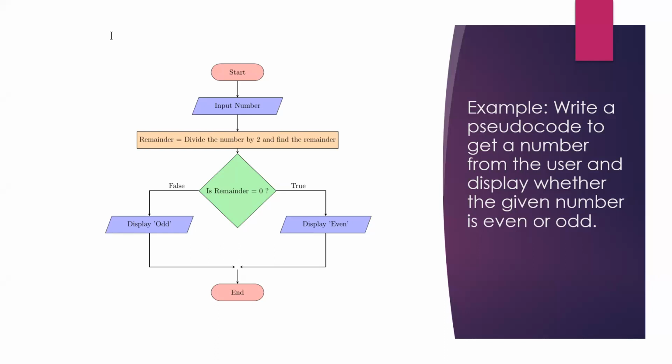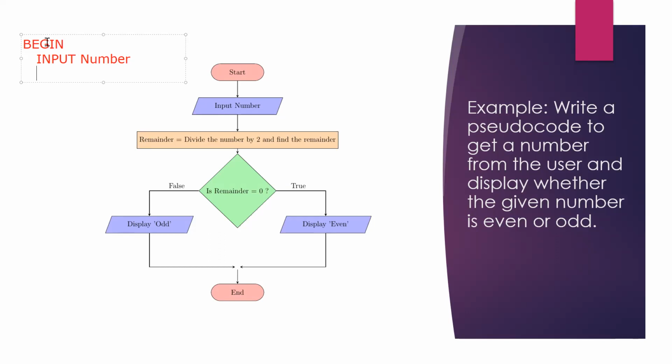Right. So let's start. So we will say begin. So that's the starting point. And then you get the number. So you have to say input number. And then you have a remainder. So remainder, we are finding the remainder by dividing by 2.